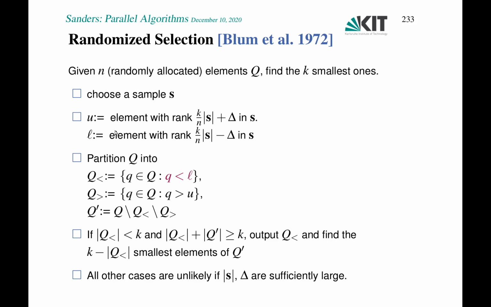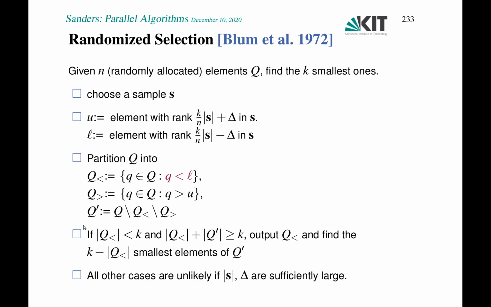So mathematically speaking, we partition Q into the elements Q less that are less than L, Q larger, the elements that are larger than U, and Q prime that is the rest, Q minus Q less minus Q larger.